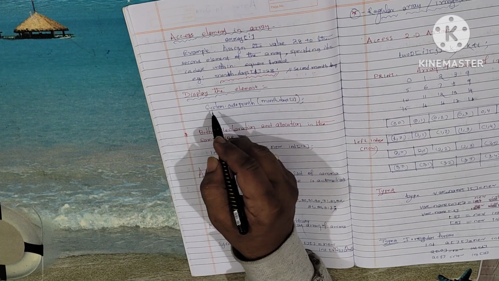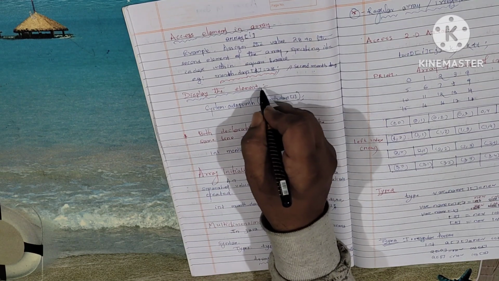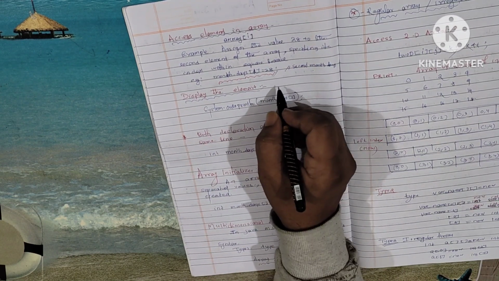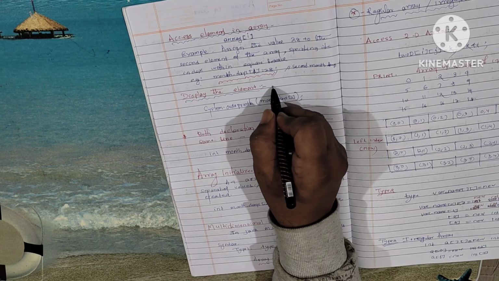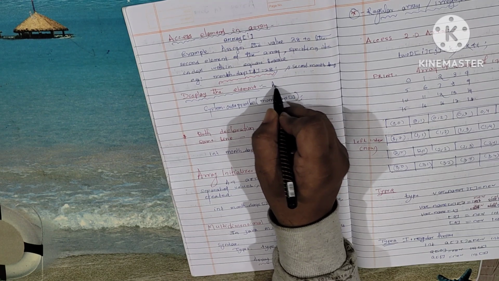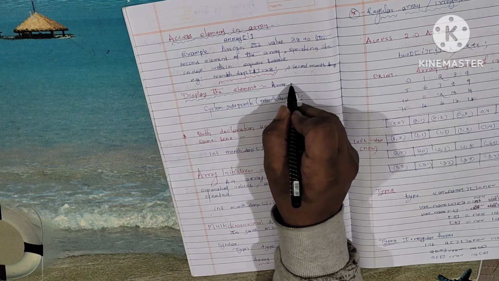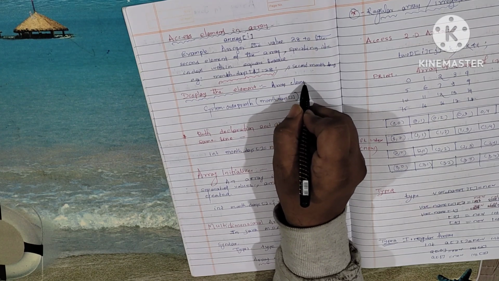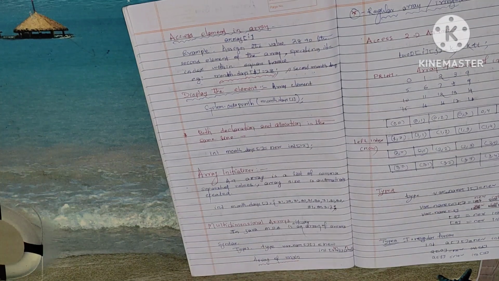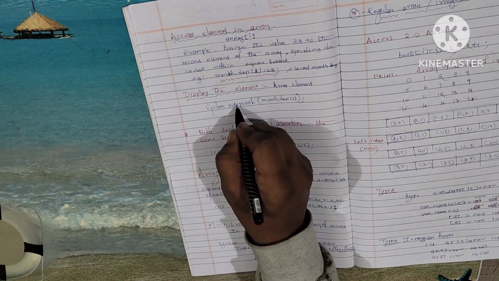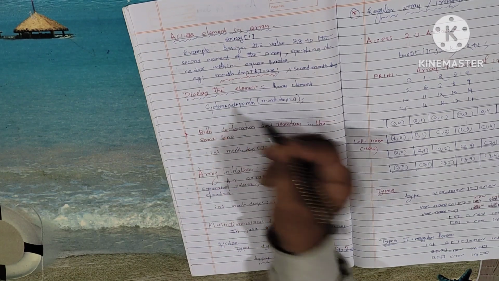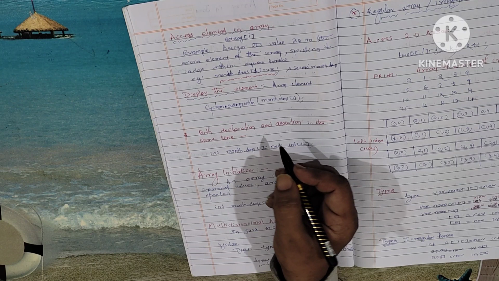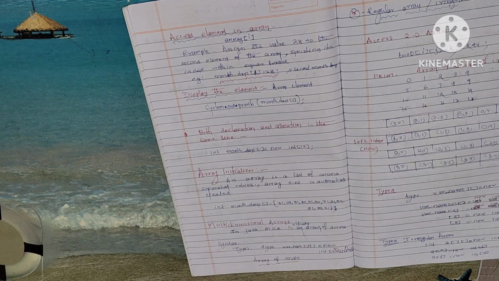Most important, displaying the array element. How do you define that? System.out.println month days.